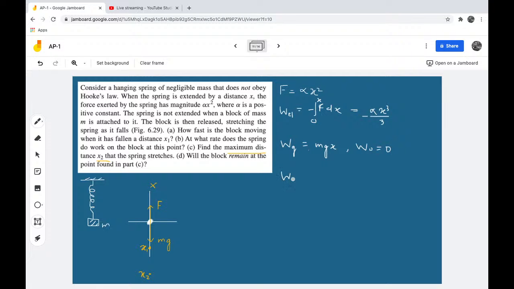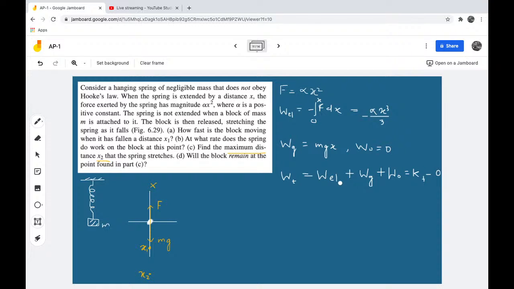So the work done total is equal to work done by elastic forces plus work done by gravitational forces plus work done by others, and that has to be equal to kinetic energy final minus kinetic energy initial, which is zero.